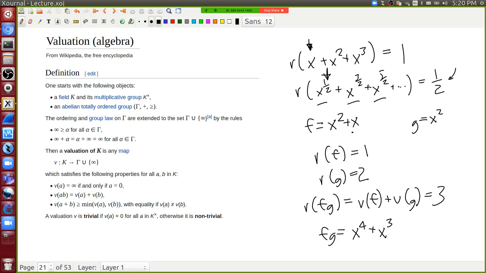Valuation of f is 1, because the lowest power here is 1. Valuation of g is 2, because the power here is 2. The valuation of their product, which is x to the 4th plus x to the 3rd, is 3, which is the sum of 1 and 2. Okay? That's basically how valuations work in our framework here.